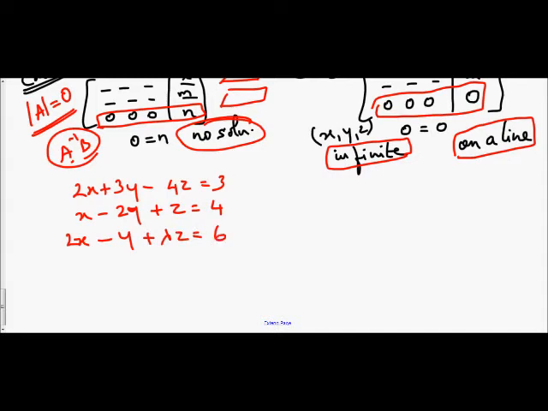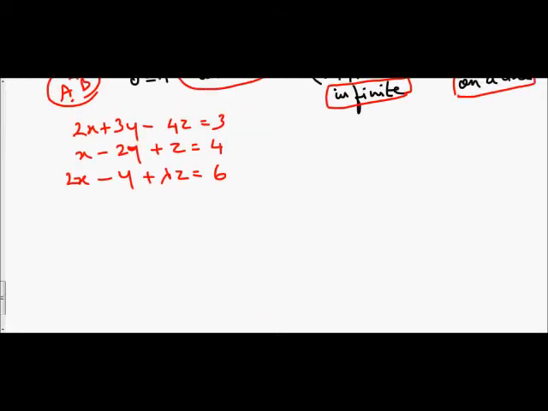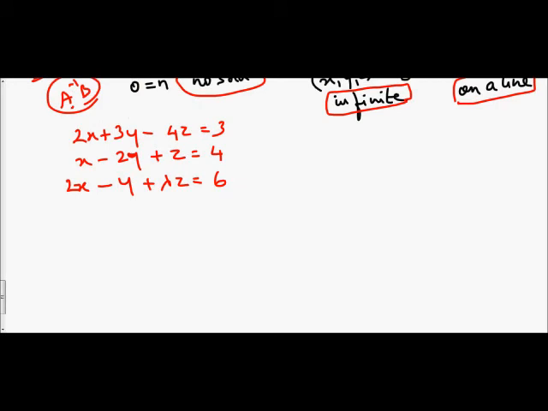You are given that these three planes do not meet, and hence you find lambda.